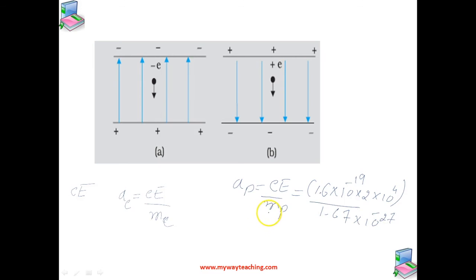Isn't it? If we solve this, we get the value which is equal to 1.9 into 10 raised to 12 meter per second squared.